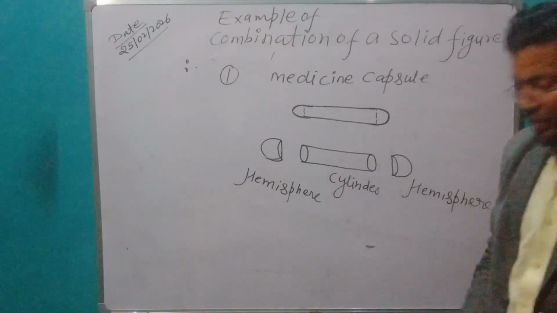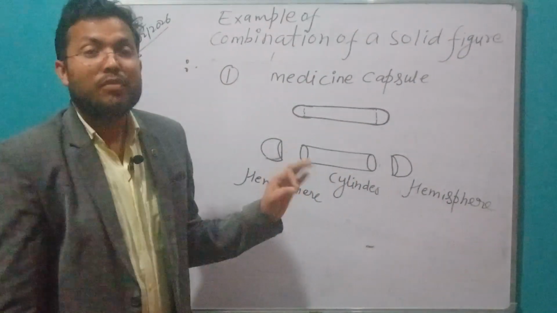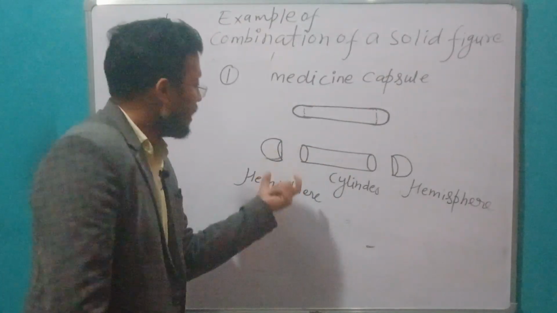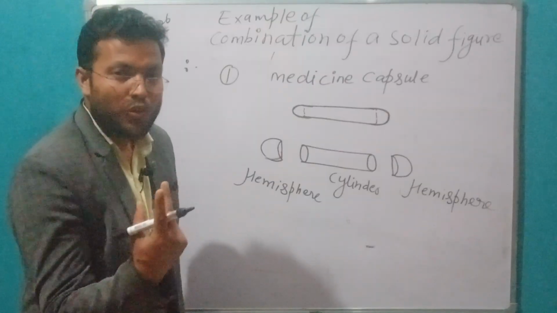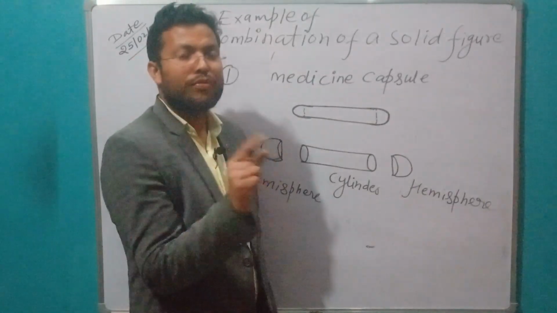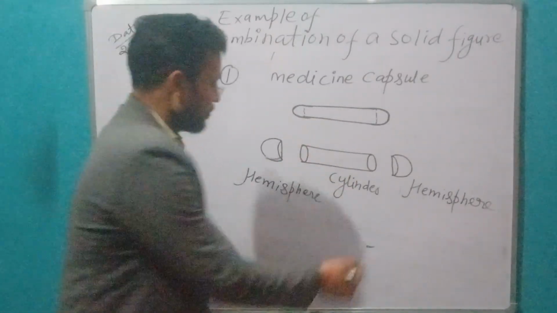Find the volume of each individual basic solid figure, because this figure is made up of two types of basic solid figure: first the hemisphere and second the cylinder.